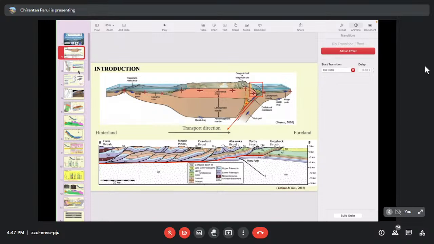When I measured the strain, the strain ellipsoids are actually tracking the dominant tectonic foliation orientations.